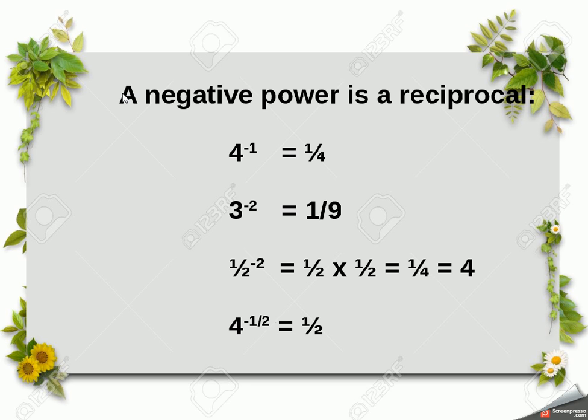So the square root of 4 is 2. However, the answer isn't 2 because it's to the power of minus a half. And that minus tells us the answer we get, we've then got to turn it into its reciprocal. And the reciprocal of 2, remember there's an invisible 1 underneath, if we flip that upside down, the 2 on the top and the 1 underneath becomes 1 on the top and 2 underneath.